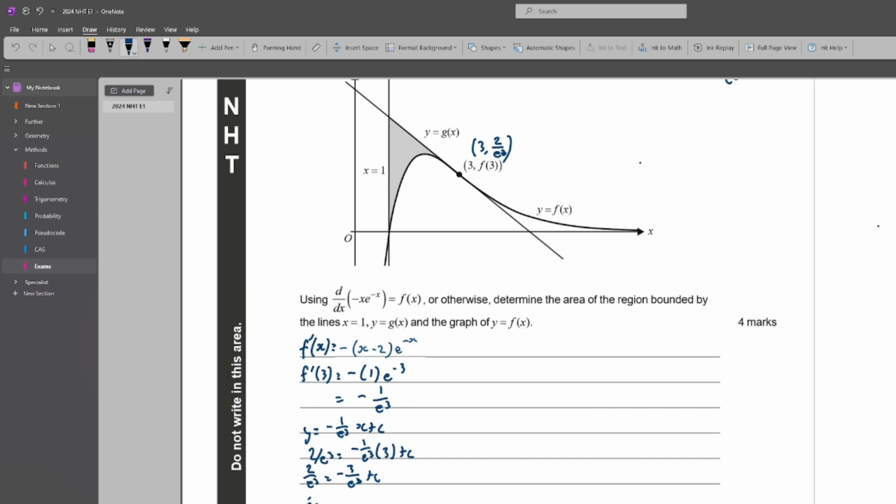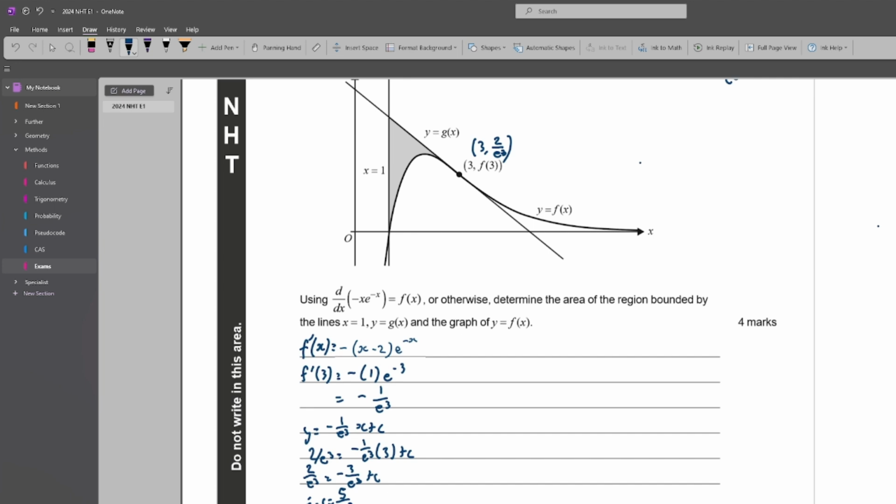So c equals 5 on e cubed. Therefore, y, or g of x, which is what we're calling our tangent, is equal to negative 1 on e cubed, x plus 5 on e cubed.